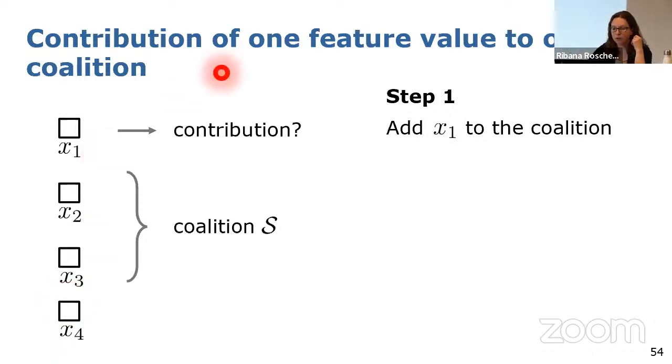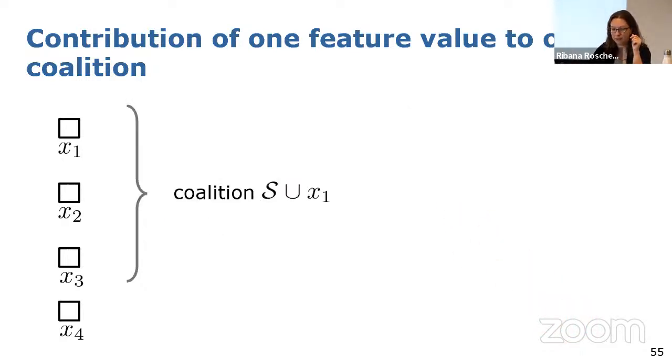So let's have a look at how the contribution of one feature value to one coalition is actually computed. You have 4 features, X1, X2, X3, X4. The current coalition is X2 and X3, and you want to know what is the contribution of X1 to this coalition. What you do for this is step 1, you first add X1 to the coalition.